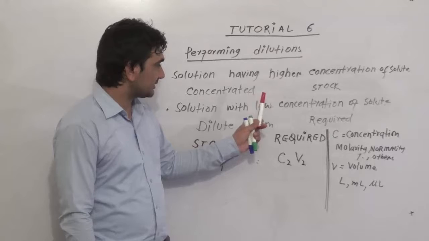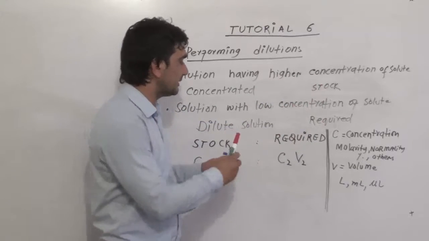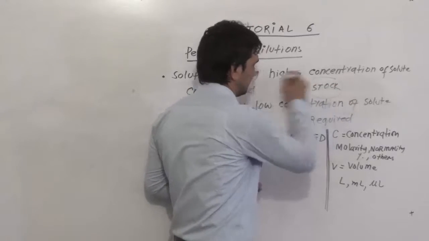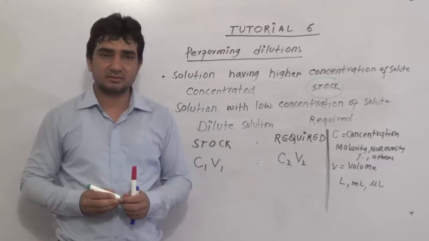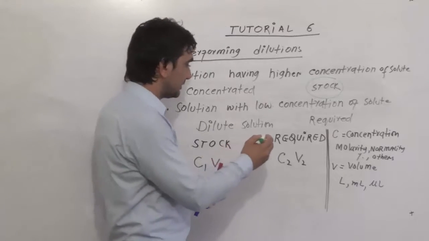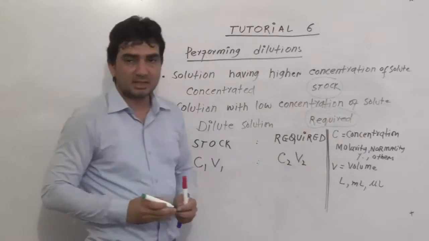For the sake of calculations, these solutions with higher concentration of solute are commonly referred to as stock solutions, and the solutions which we need or want to work with are referred to as required solutions.